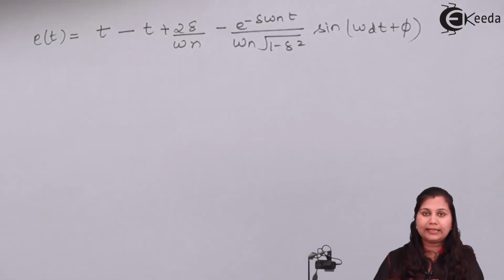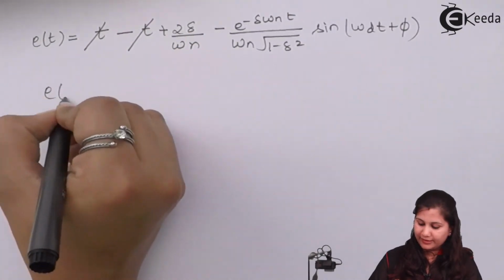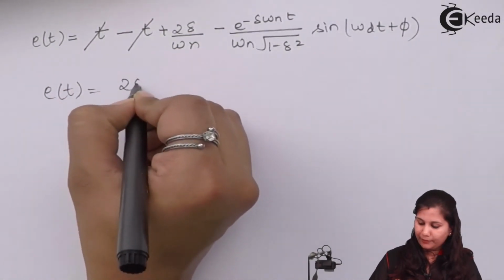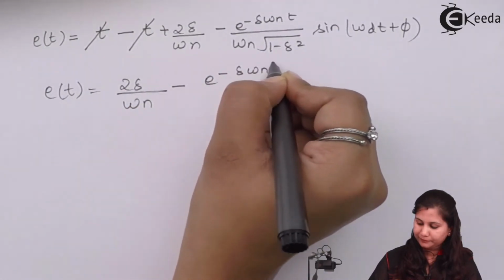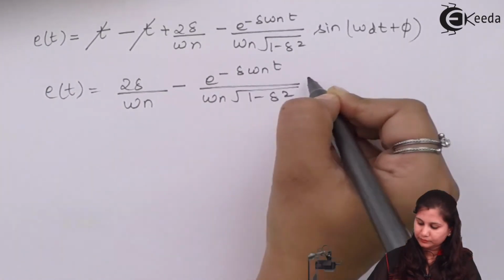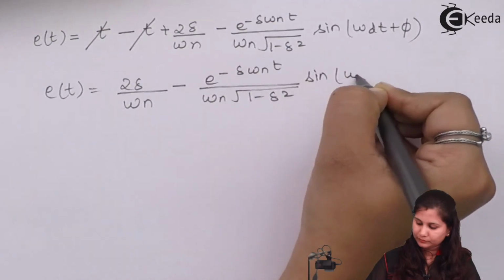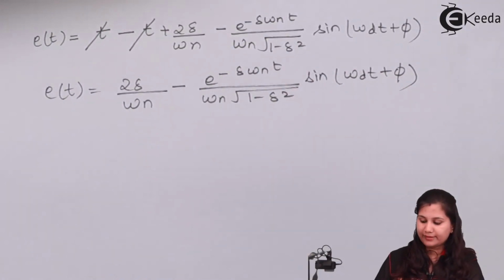So this t and t will be cancelled out, and we will get the error signal as 2 del upon omega n minus the remaining term. This is our error signal.